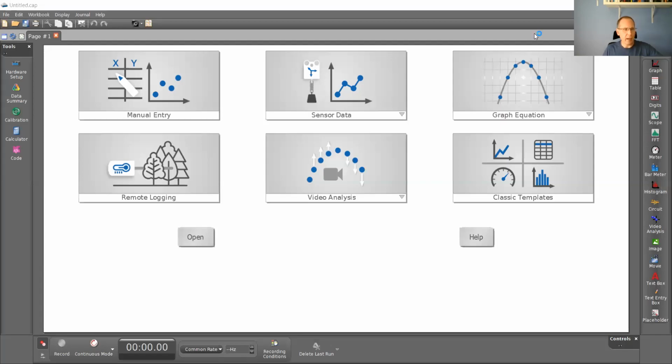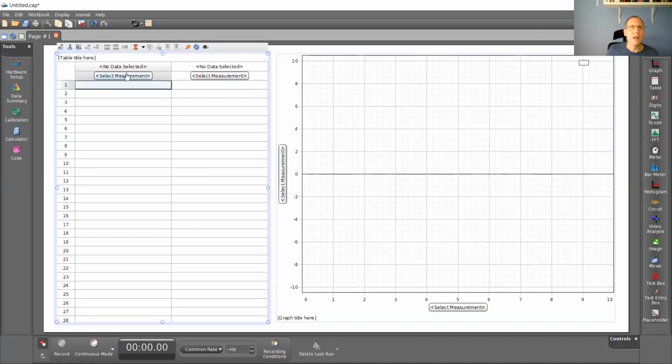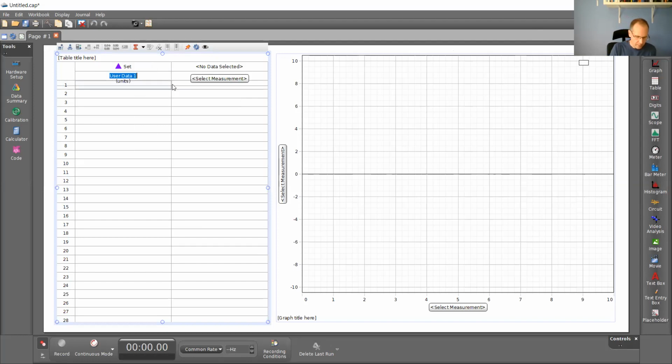Okay, let me remind you how to graph that and how to find those two values. So you go to Pascal Capstone, and we do our usual classic templates. We're going to choose this one with the table and then the graph. For the x-axis, create new user-entered data: angle.